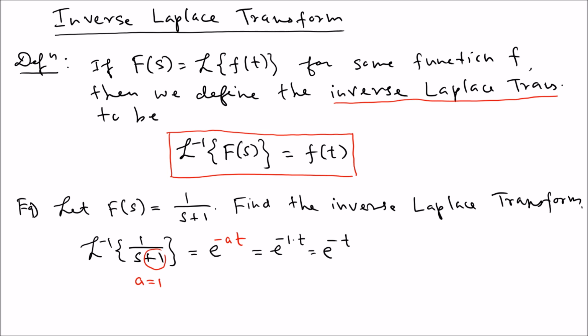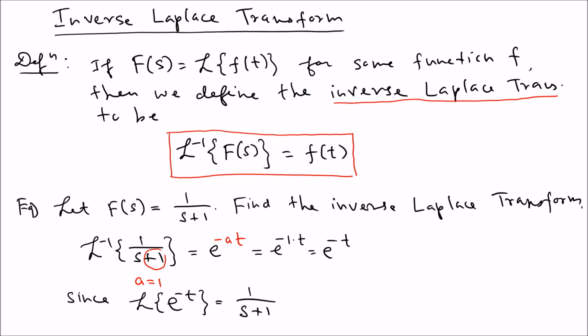Since the Laplace transform of e to the minus t is 1 over s plus 1, if you know the Laplace transform, just go backward. The inverse of 1 over s plus 1 has to be e to the minus t.